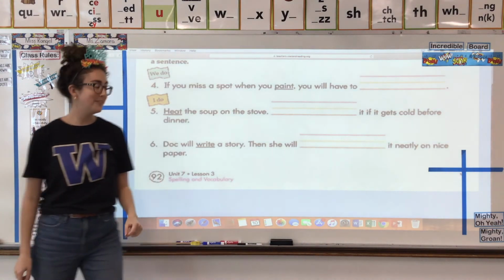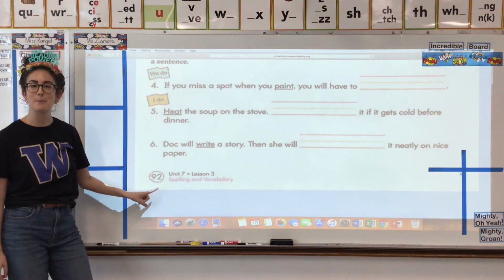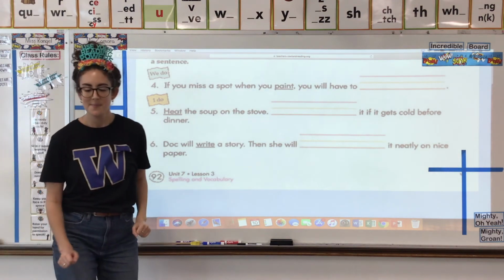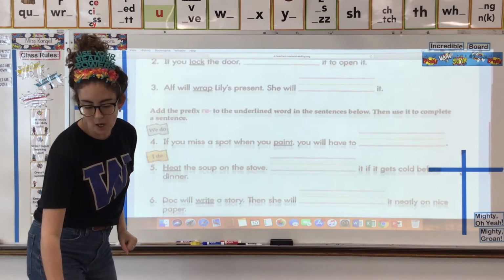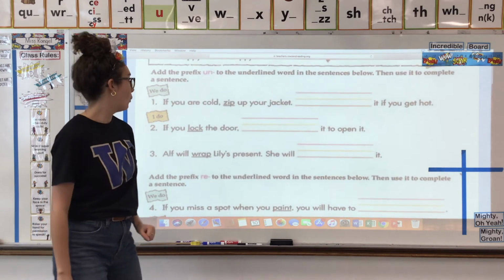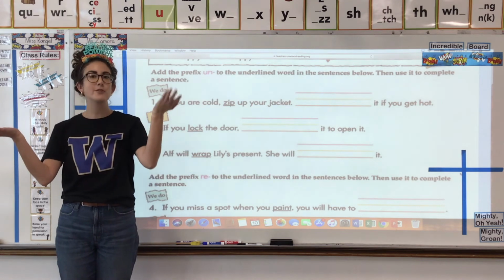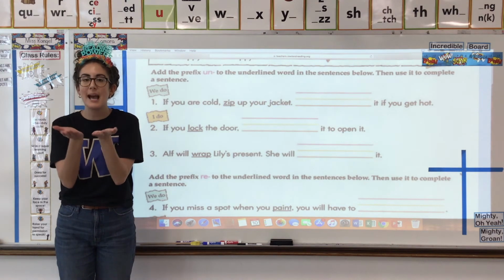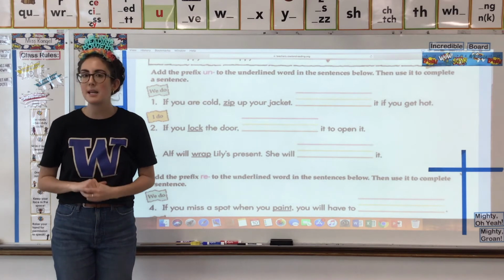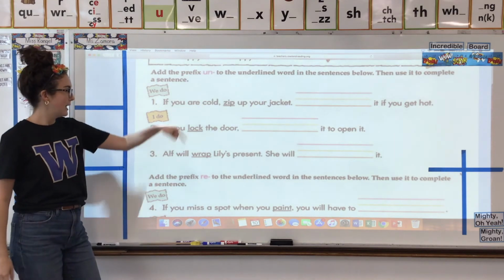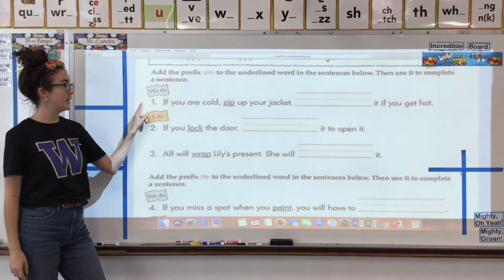And I need you to find page 92. Page 92. So second grade, on page 92, we are going to work with both prefixes un and re, and notice how it totally changes the meaning of the verb. So, can you come up to this first number 1?